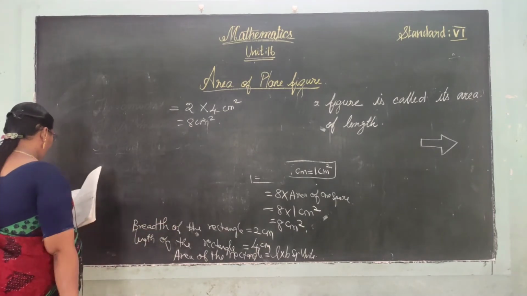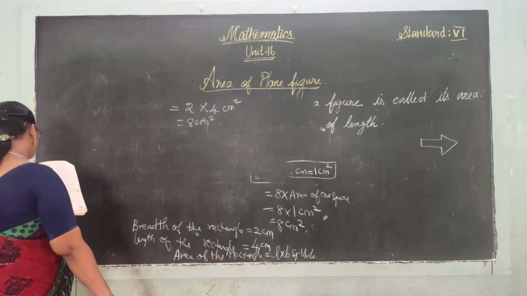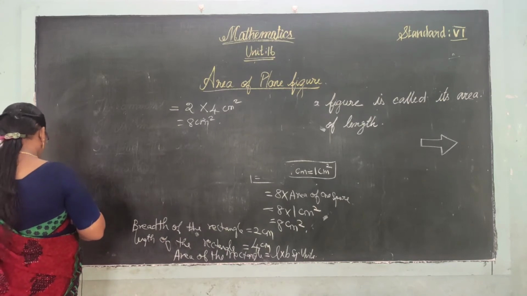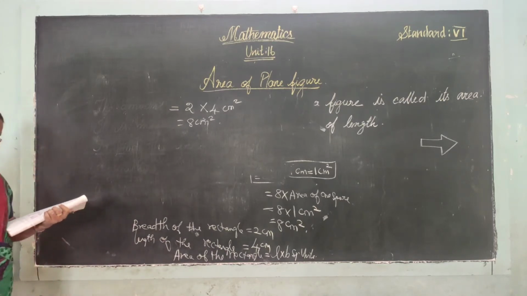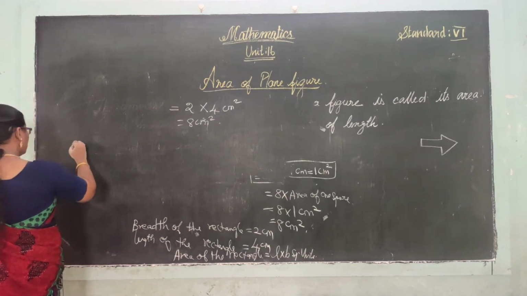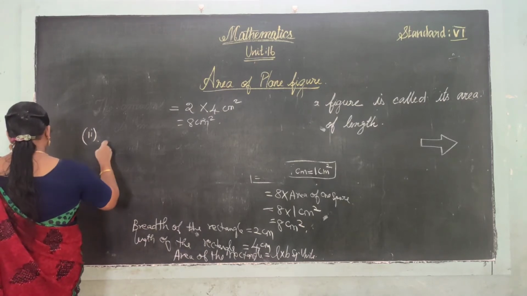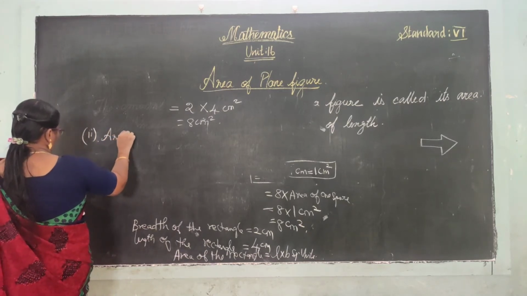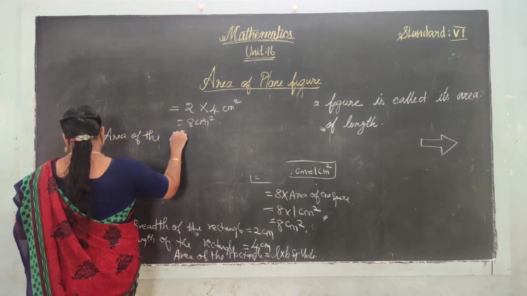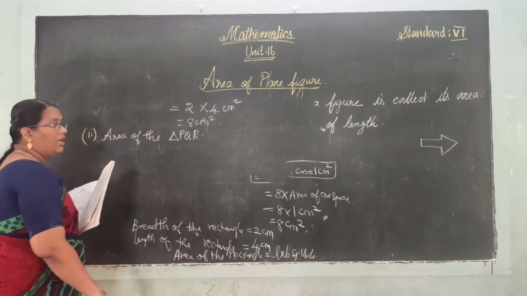See the second one of the picture. So triangular shape is given, is it? It's named as PQR. How can you calculate the area of triangle PQR?